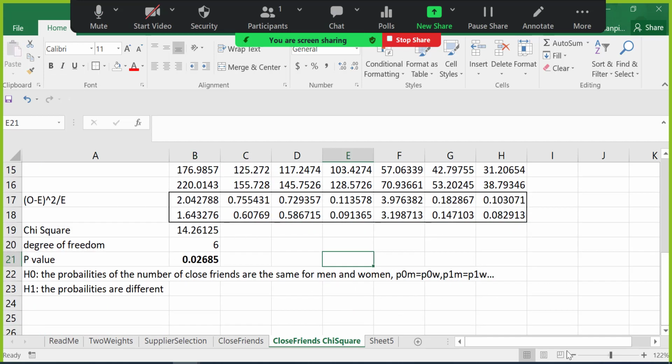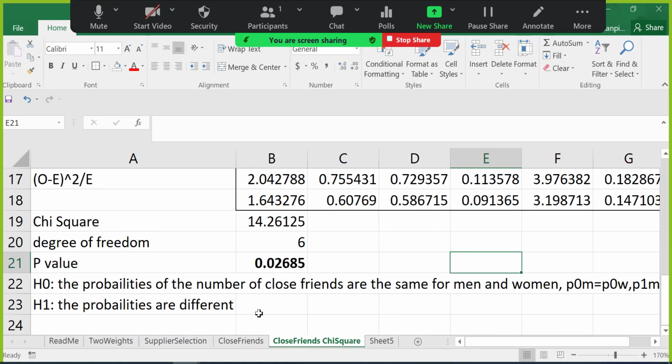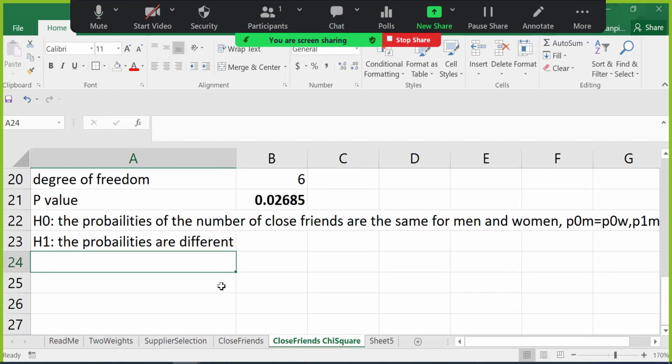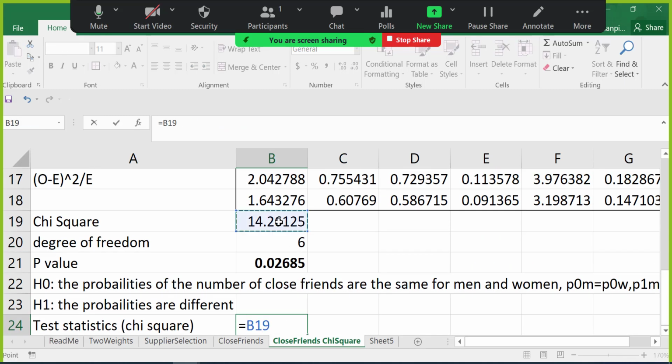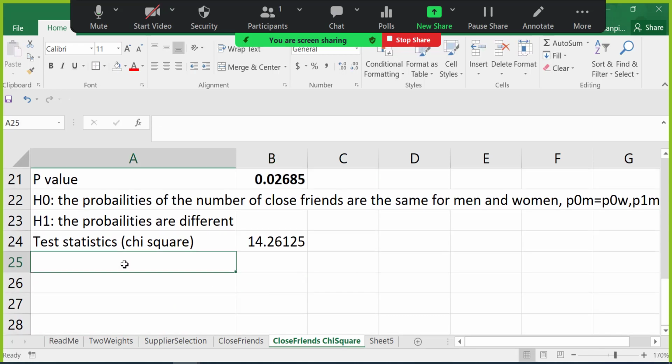Does it make sense? Yeah. So once you know the p-value, the test statistic is the chi-square value, which we calculated, and we know the p-value.